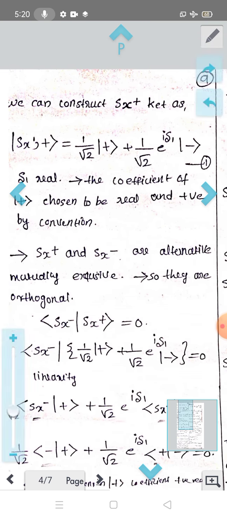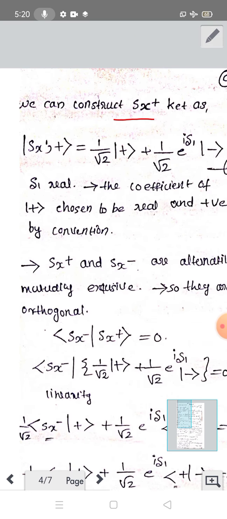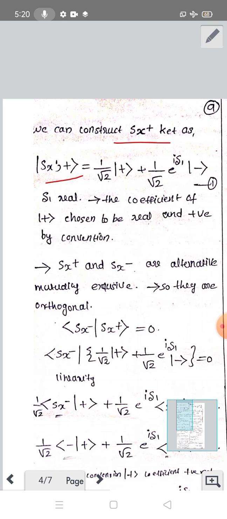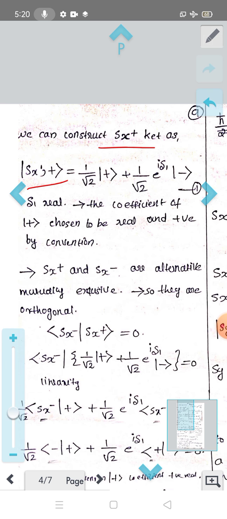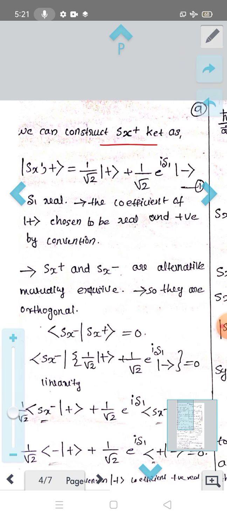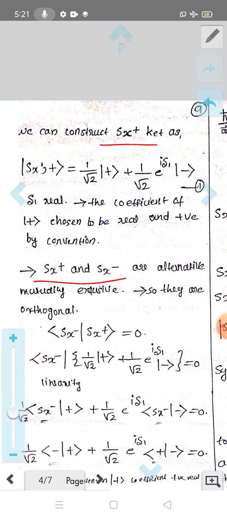So we can construct |Sx+> as 1 by root 2 |+> plus 1 by root 2 e raised to i delta 1 |->, where delta 1 is real, the coefficient of |+> chosen to be real and positive by convention. Sx plus and Sx minus are mutually exclusive alternatives, so they are orthogonal, that is <Sx-|Sx+> is equal to 0.